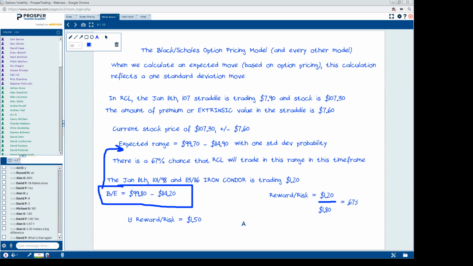Now again, that 1-to-1 reward to risk is all predicated on calculating the break even compared to the expected range.